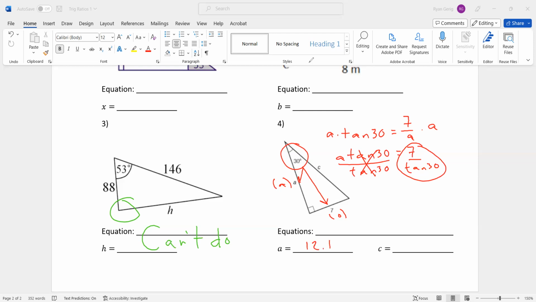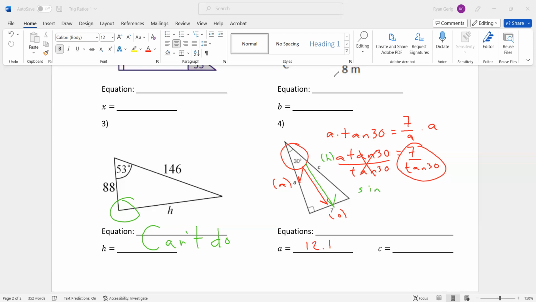Okay. That same thing's going to happen when I do C. I'm going to use 7. I don't want to use 12.1 because that's a rounded number. If I can use a whole number, I want to do that because that's going to give me a closer to my actual answer for C. So 30, I'm looking at now opposite and hypotenuse. That's the sine.